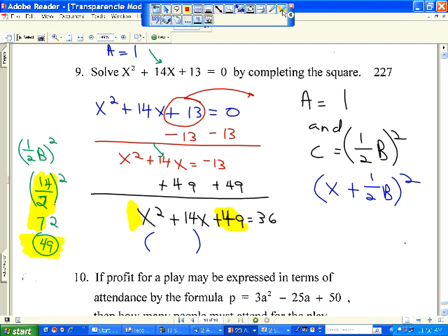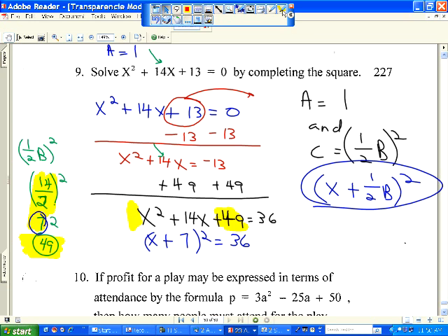The square root of a perfect square trinomial is x plus whatever half of b was quantity square. X plus whatever half of b was quantity square equal 36. Now, we have created a perfect square trinomial.